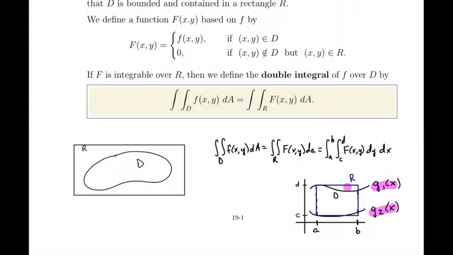So if we integrate capital F along this rectangle from A to B and C to D, A to B being the x values, C to D being the y values, then we'll be able to obtain the same amount of volume that's in lowercase f over the region D, because capital F is 0 outside of that region D.